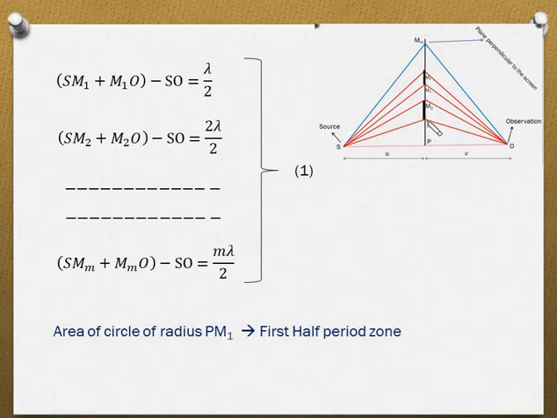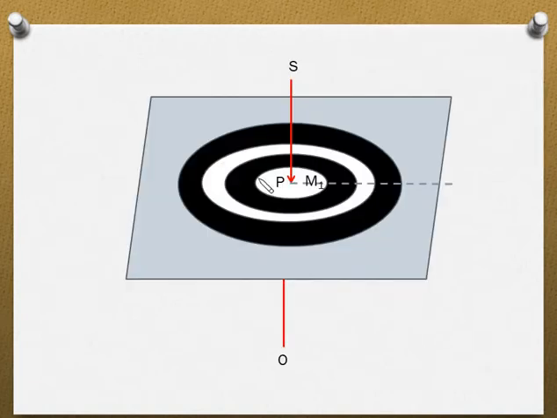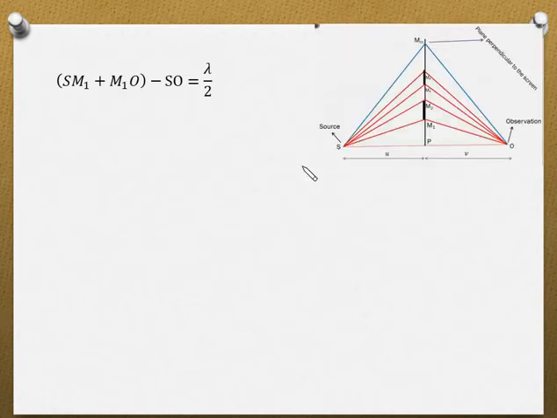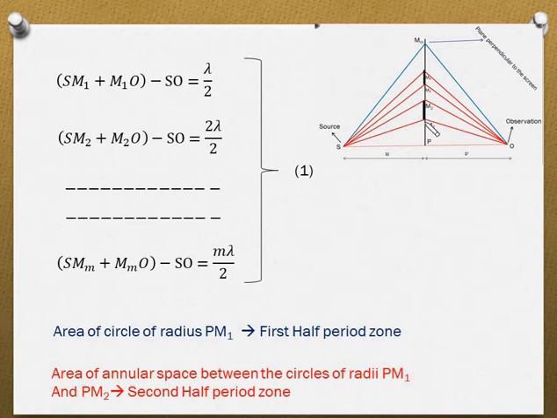So if we go back and look, the area of this circle, the area of that circle we call the first half period zone. Similarly, the annular space between the circles of radius PM1 and PM2 is the second half period zone. Similarly, the third one is the third half period zone, and so on.